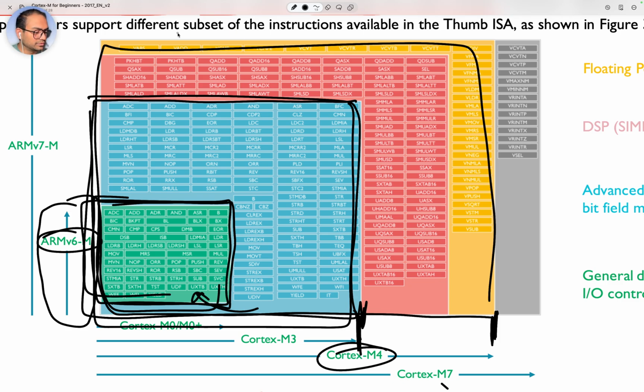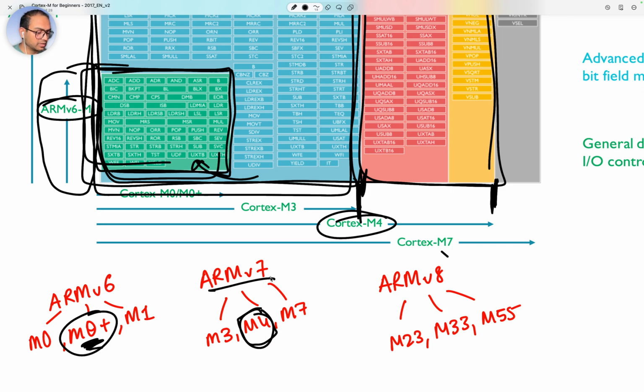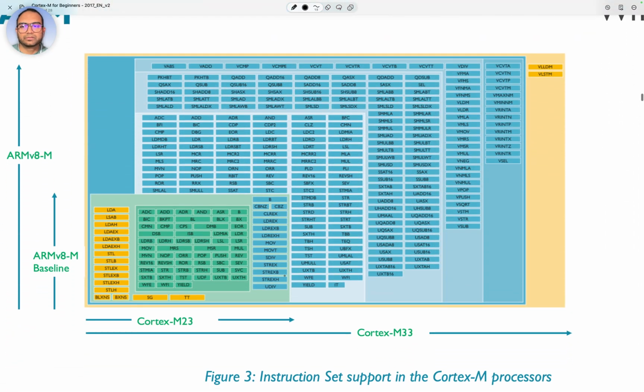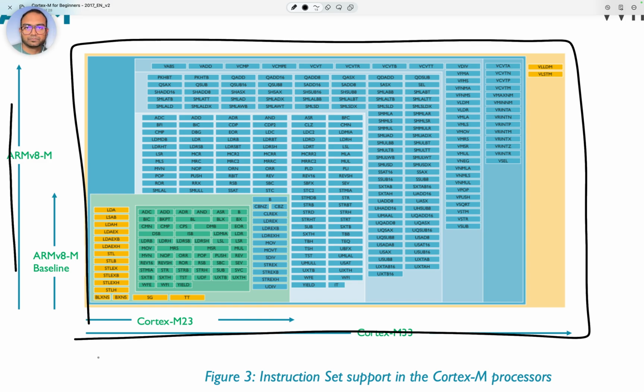That's why you see this difference. But both of them adhere to the v7 architecture. That's the idea. And then similarly, going down here, the v8M architecture gives us even more instructions. And of course, it deals with matrix multiplication, provides features of that nature, and so on and so forth.